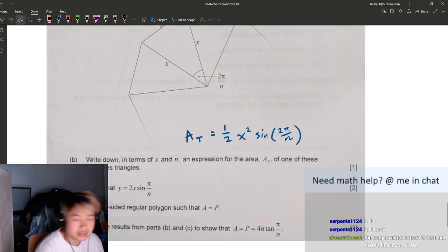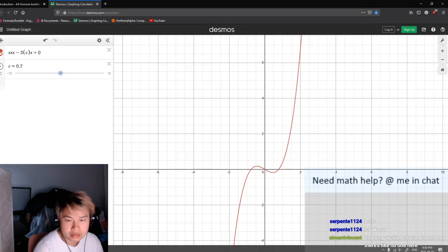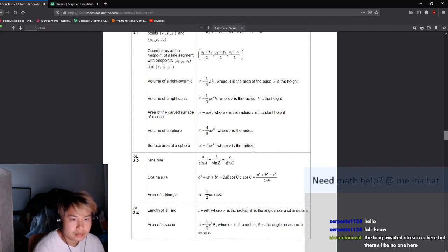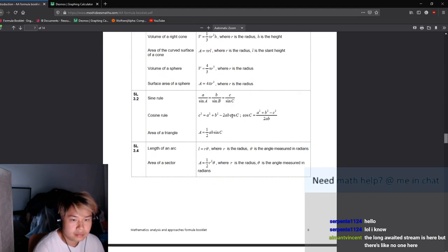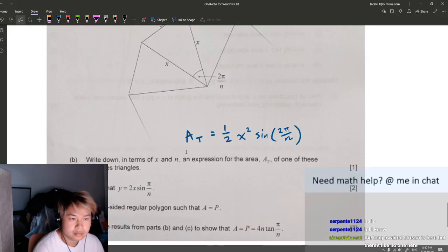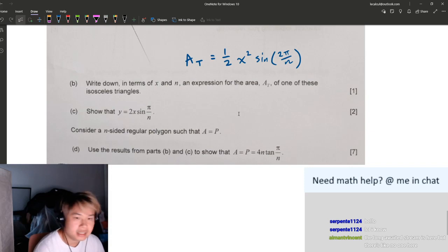At least I think that's the formula. Let me check. Geometry. Yeah, see? Area of a triangle. Okay, I'm gonna leave it like that. It's only 1 mark. Now we need to show that y is equal to this stuff.